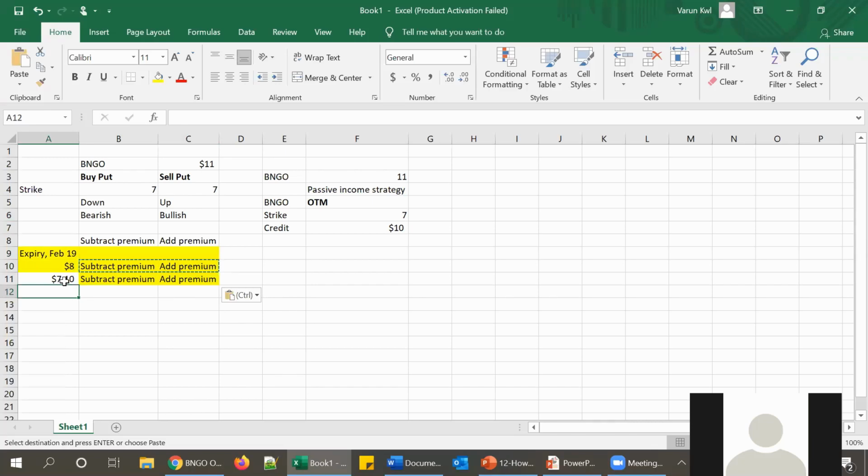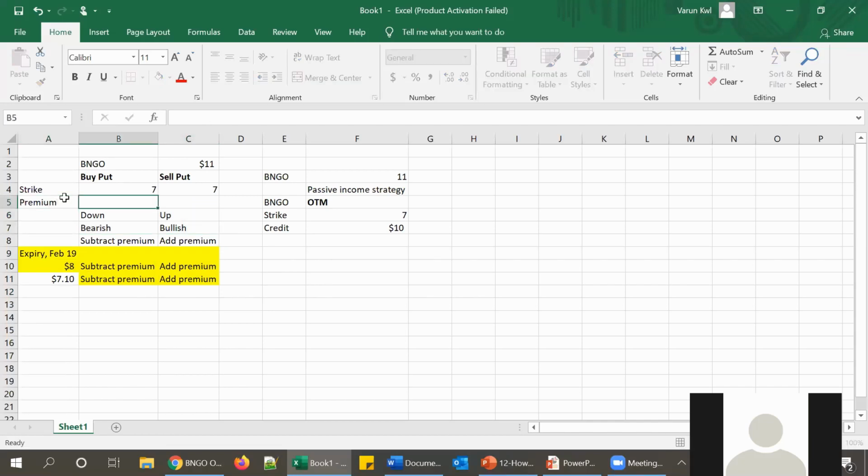If it is, and let's also define premium here. Make sense? Making plus 1, sorry, minus 1. This is plus 1.